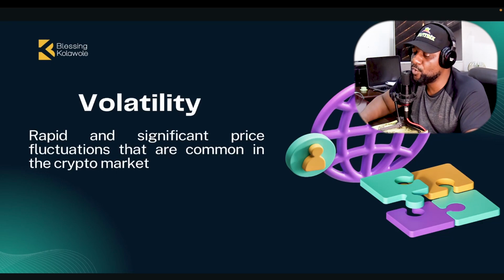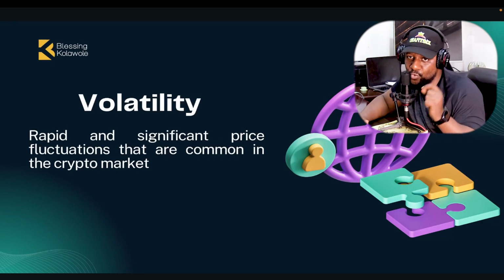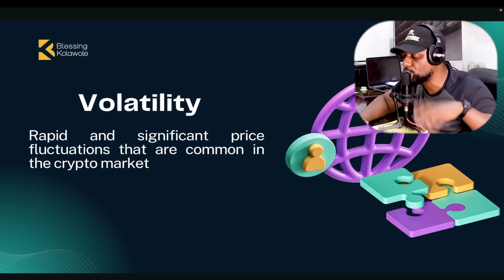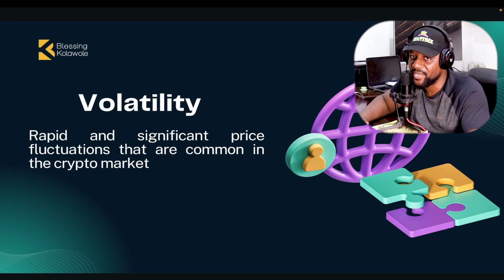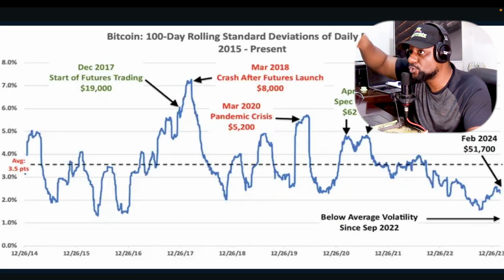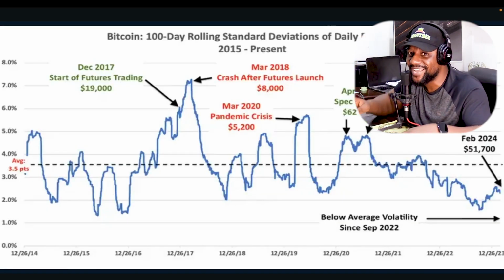Okay, we have volatility. If you hear the word volatility in crypto, it is the rapid and significant price fluctuations that are common in crypto markets. If you see a crypto chart, you just see it go up and down, up and down, up and down. That's volatility. Crypto market is very volatile, apart from the forex market, which is also volatile.